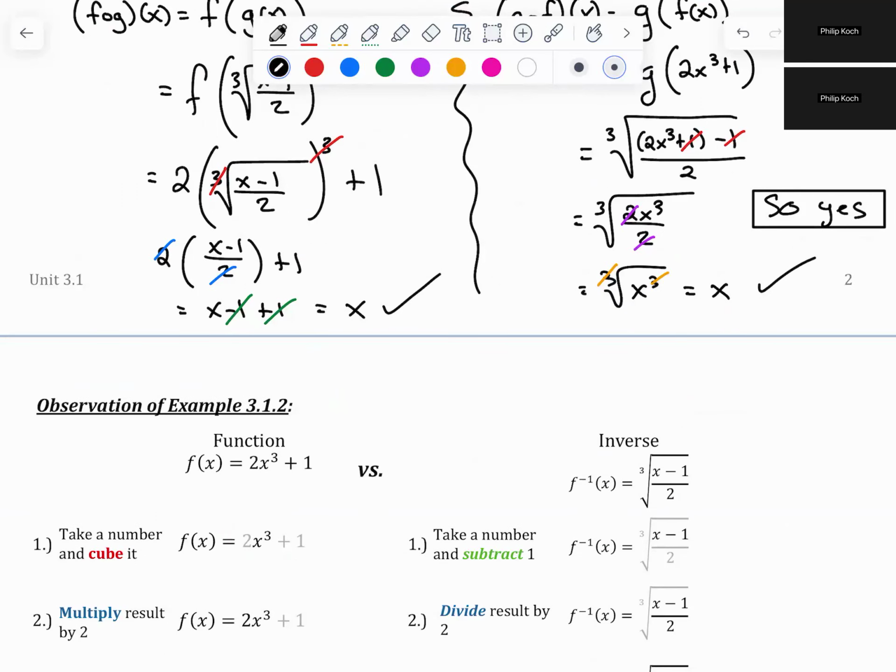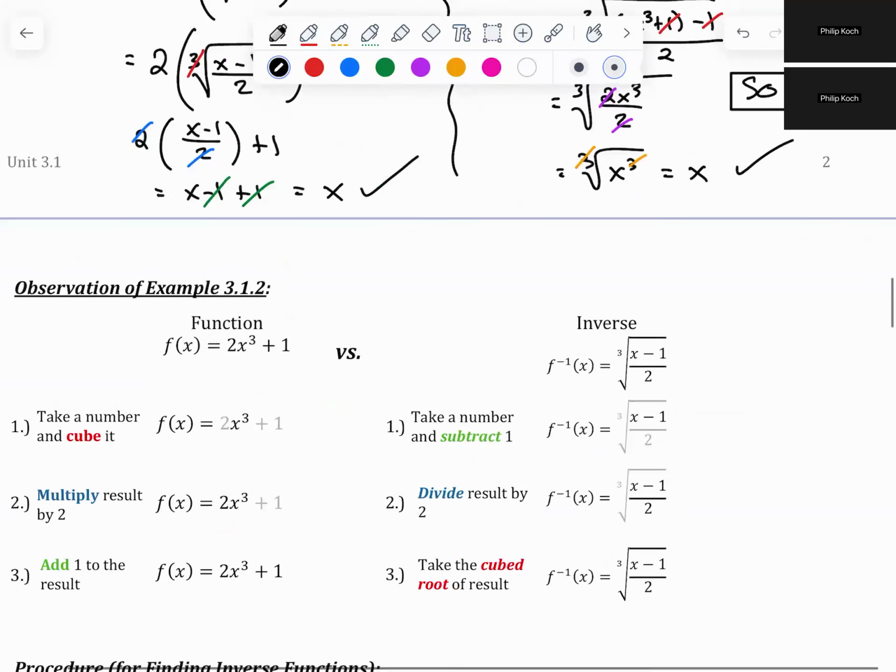In order to talk about that, I want to talk about an observation. Why did that get all wonky there? This should be lowered, but either way. So the original function, f of x equals 2x cubed plus 1, and the inverse is the cube root of x minus 1 over 2. And so when you talk about a function, you can talk about it most of the time, or at least some of the time, about what it does to a number.